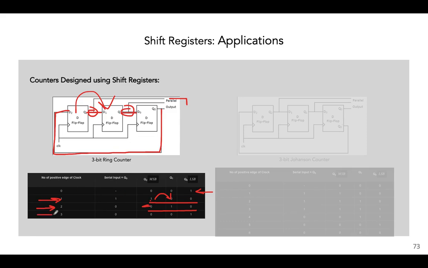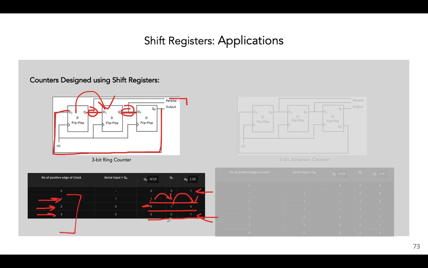And then after the application of the third clock pulse, this 1 moves one bit position to the right. This 0 is fed back into the system. This 0 comes here. This 1 goes here. And so you're left with 0, 0, 1. And this is the initial state that we started with. We started with 0, 0, 1. And after 3 clock pulses, we have ended up at 0, 0, 1 again.